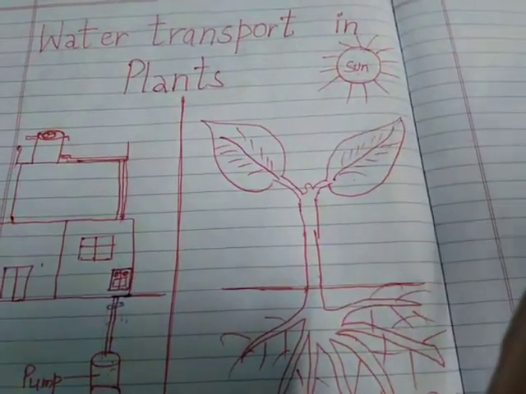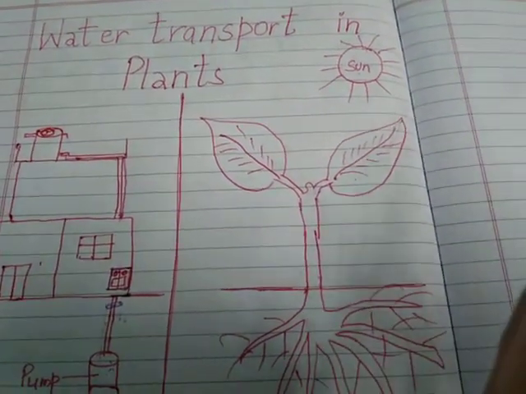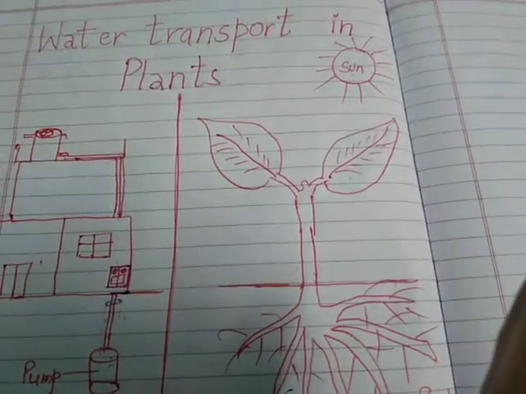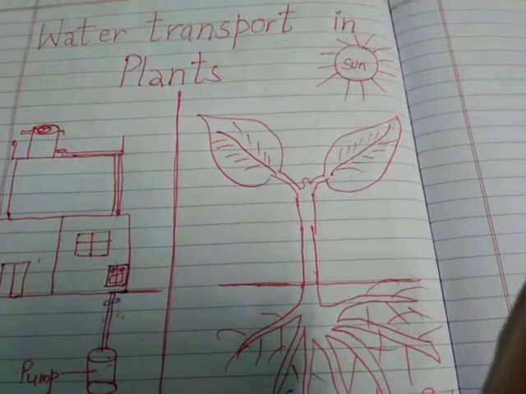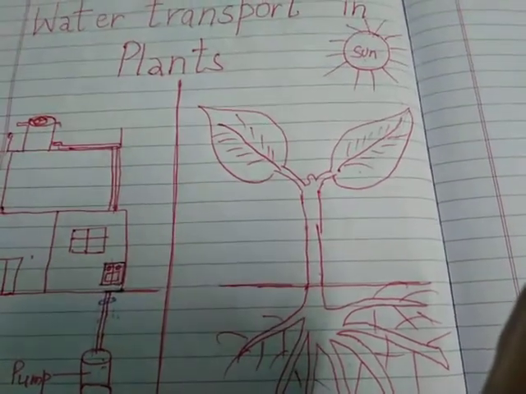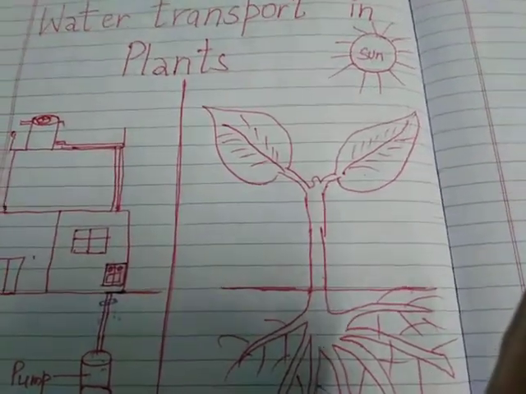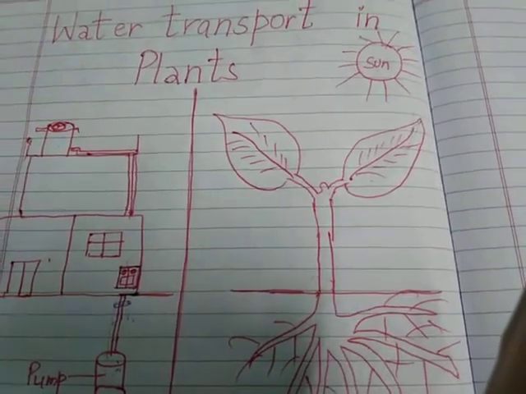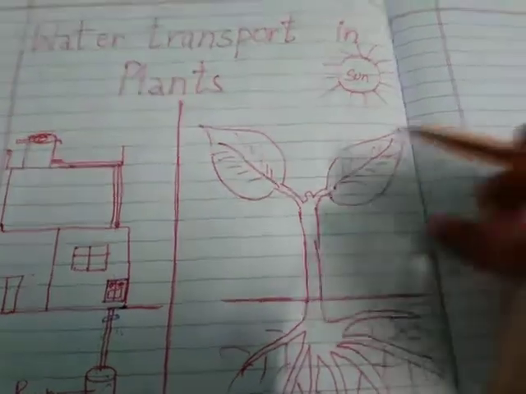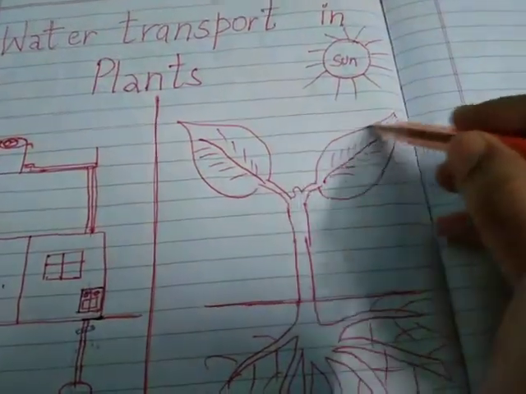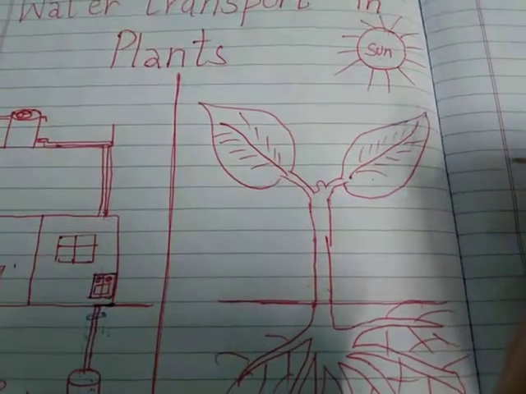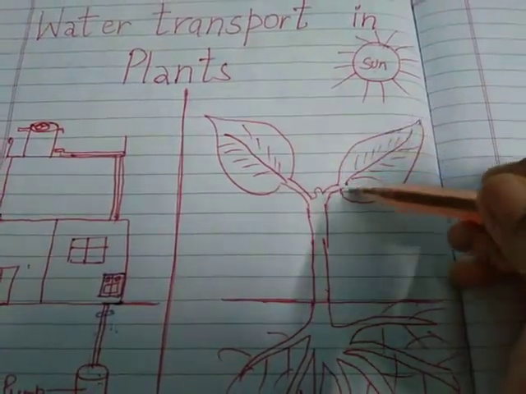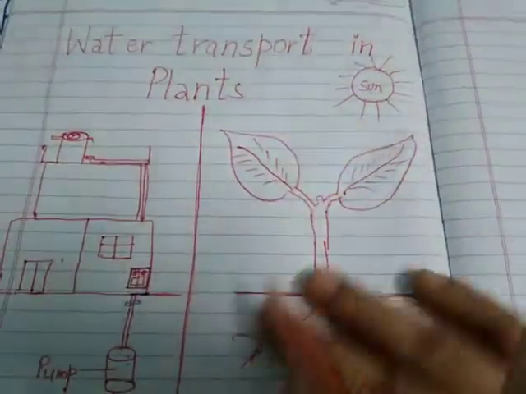When you pluck a leaf and mash it, you will feel it sticky. That is the water present inside the leaf, and due to sunlight this water is evaporated into the sky, and this evaporation of water from the leaf surface is known as transpiration.